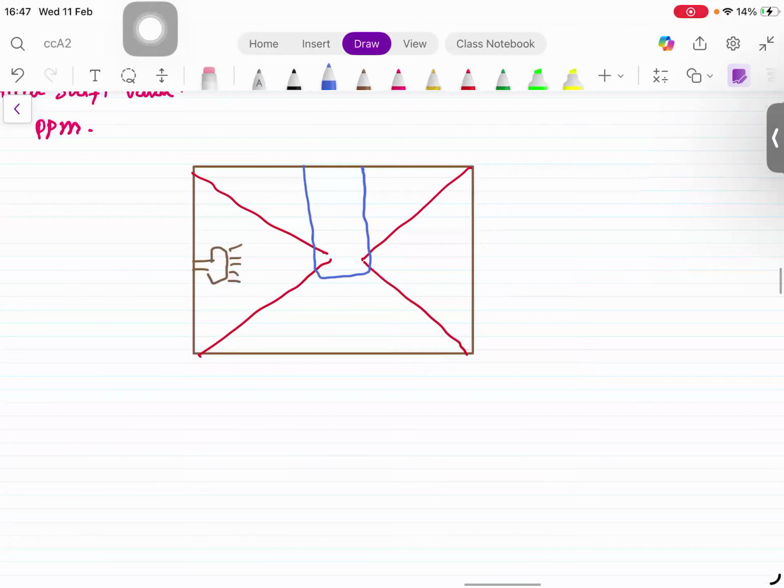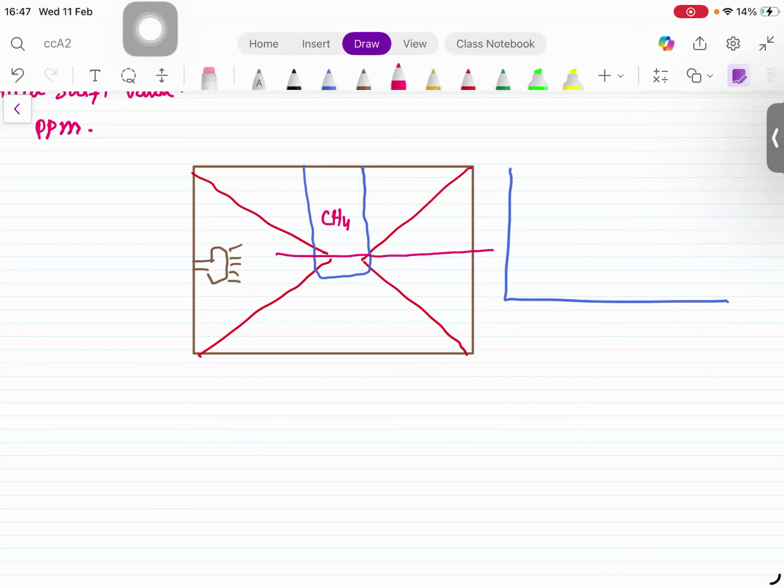And then here we have to collect the spectrometer, NMR spectrum. Let's say if we place methane here and we switch on this light, how many peaks? After passing through all this, जब ये spectrum पे पूछेंगे how many peaks? 1. Because all these 4 hydrogens are in the same chemical environment.